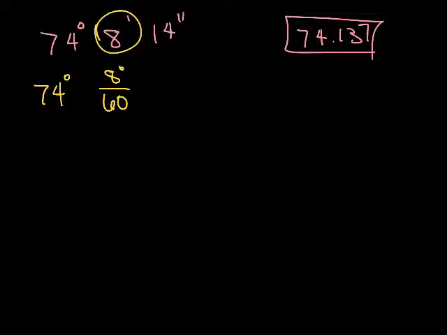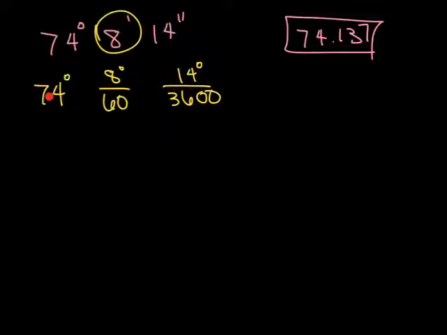And then the 14 is going to change to 14 over 3600. Where did that come from? Well, there are 3600 seconds to a degree. There are 60 seconds to a minute and 60 minutes to a degree, so 60 times 60 is 3600 in a degree.